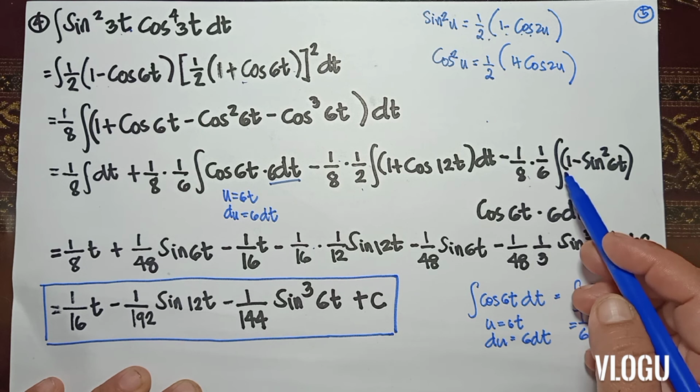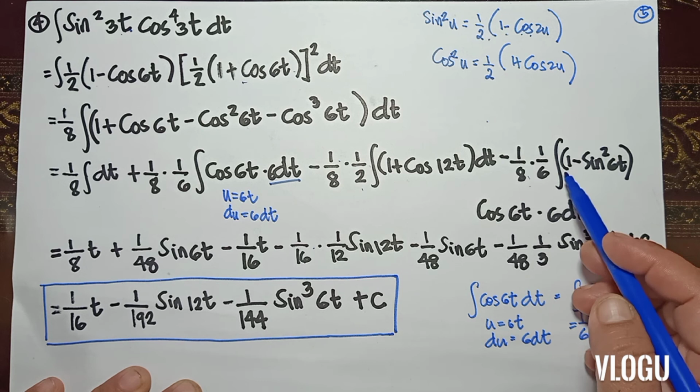So our u here is sine 6t, du is cosine 6t dt. That is your du. So that is a complete form. So u to the n, sine cube over 3. So 1 over 48 times 1 over 3.